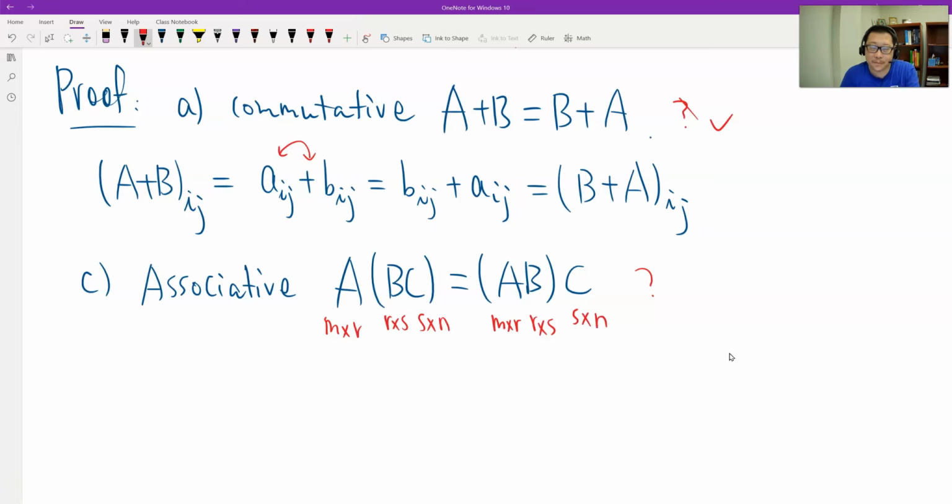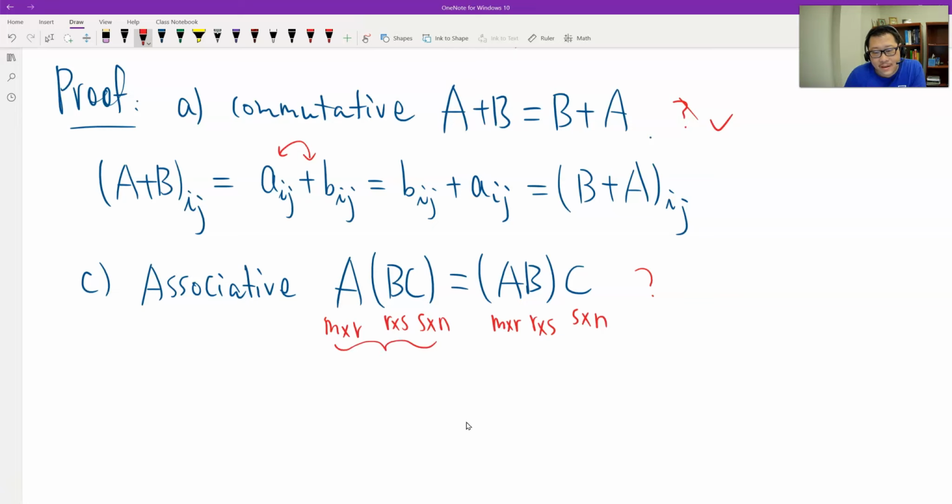So now we have set up, and then look at the size. See, the middle R and S cancel. On the left side, BC is R by N, and then multiplying together should be M by N. You just look at the size first.